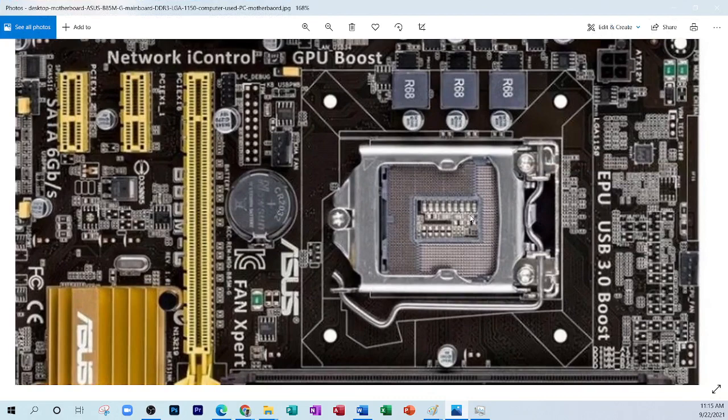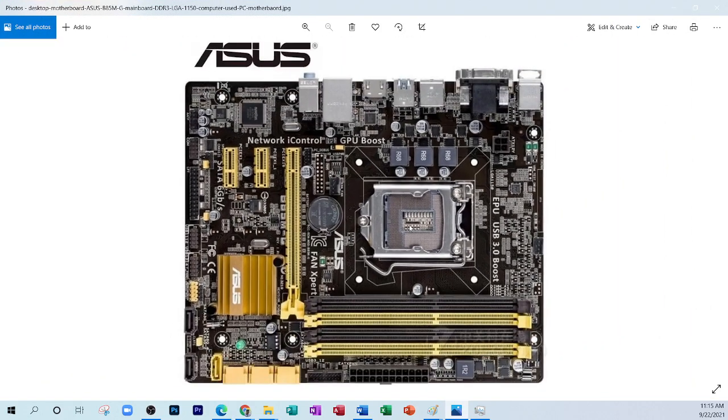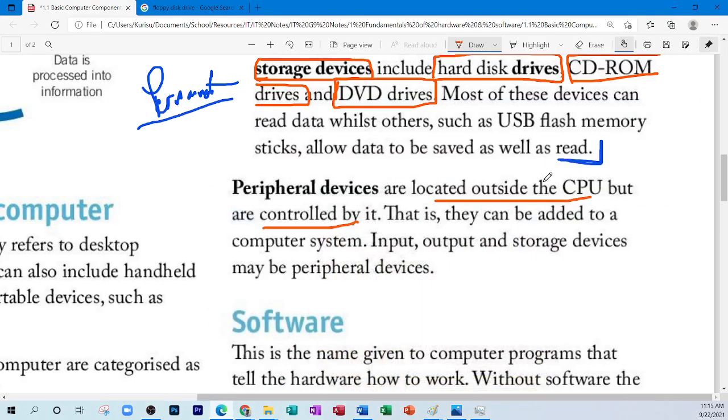This small area here on the motherboard that you're seeing here, that is your CPU. So, basically, any device that is outside of the CPU, but the CPU is still controlling it, that is called a peripheral device.